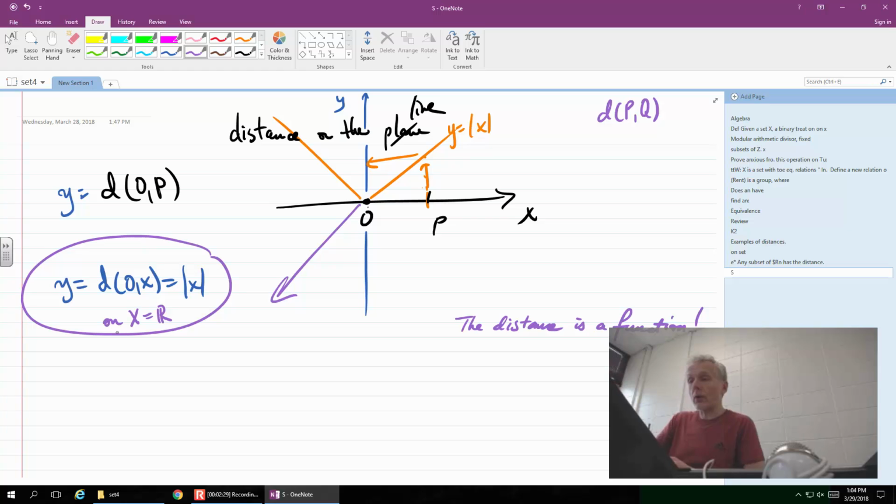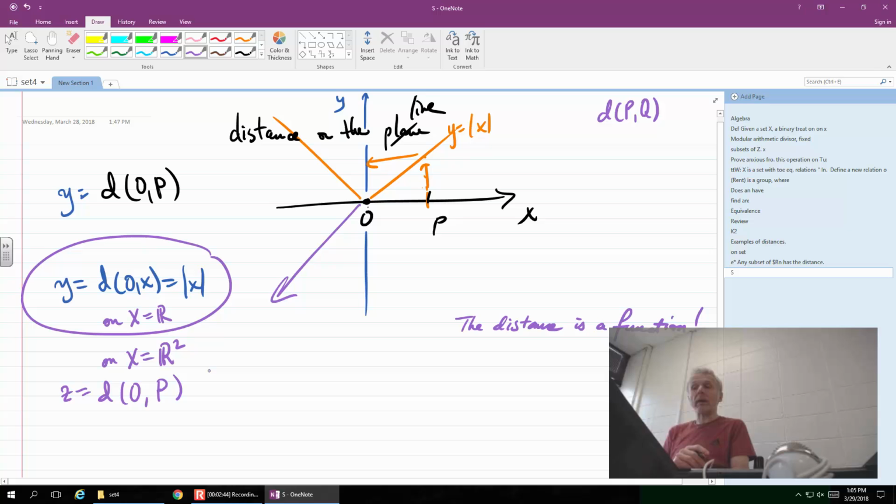Once you go on to a slightly more complicated case, R2, we're still Euclidean. We're talking about z equals d(0,p), say. I don't want you to think of this as a function of two variables, d(0,p). I want you to think of p as a point on the plane.